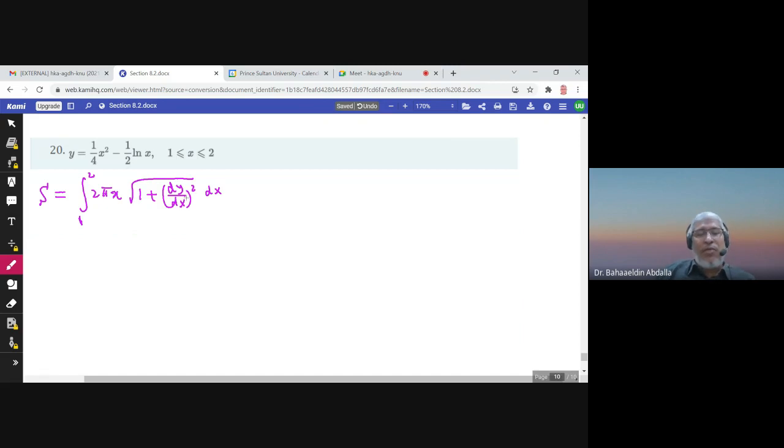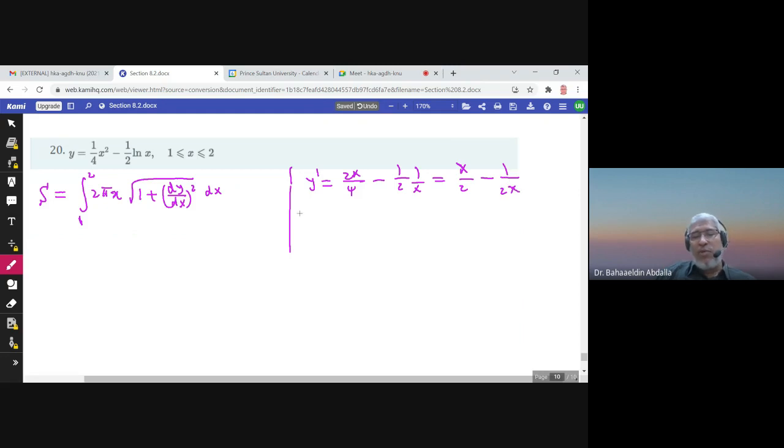And here I need y to be written as a function of x, which is the case. So y prime would be the derivative of x² is 2x over 4, minus half. Derivative of ln x is 1 over x. So it is x/2 minus 1/(2x).